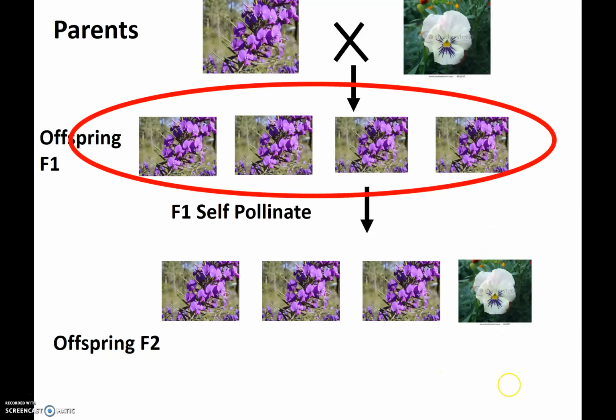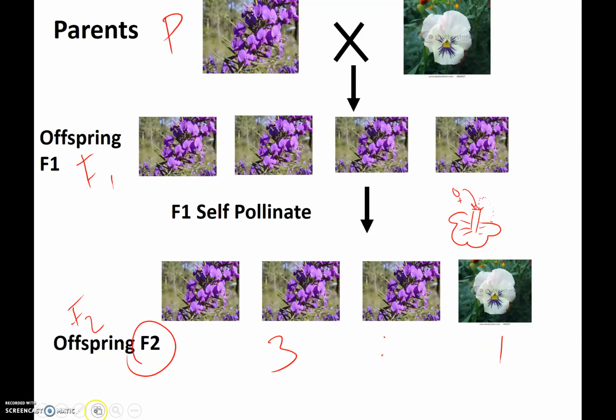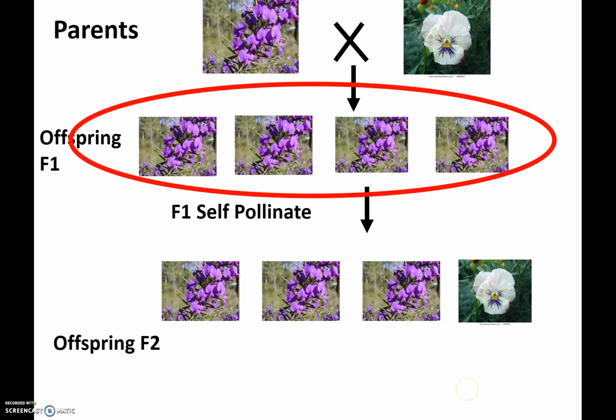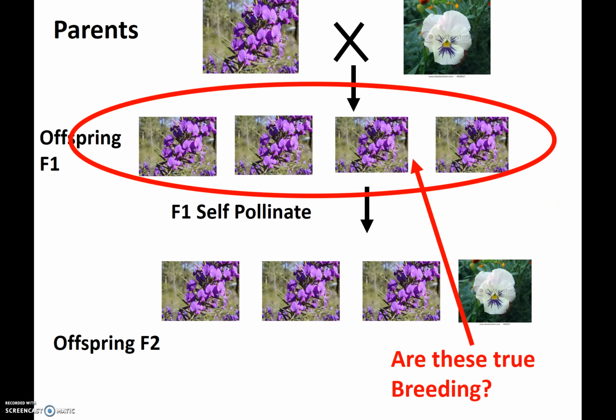Let me show you real fast with a Punnett square. When you get purple, purple, and purple to 1 white flower, that's saying for every 3 purple, you get 1 white. That's a 3-to-1 ratio.